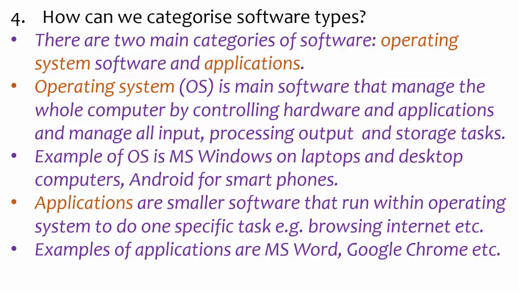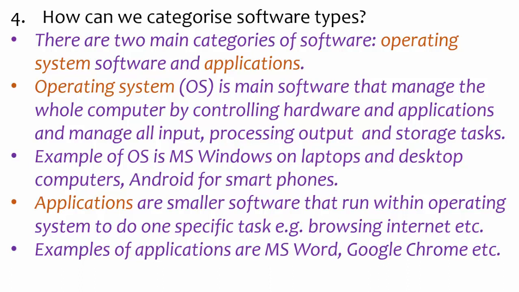Applications now are smaller software that run within the operating system. And the work of the application is to do specific tasks. It could be browsing the internet, writing a letter, calculating, and such things. So it is the operating system which will allow these other applications to be started in it and to run in it.